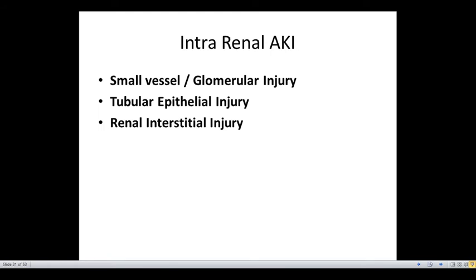Intrarenal acute kidney injury can be further divided into small vessel or glomerular injury, tubular epithelial injury, and renal interstitial injury. This classification refers to the primary site of injury.